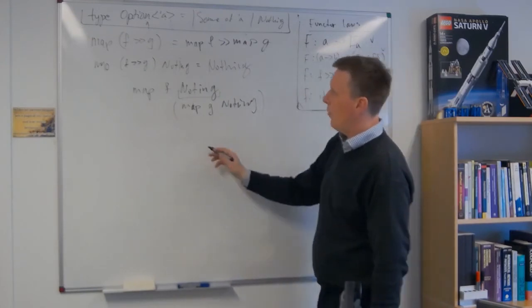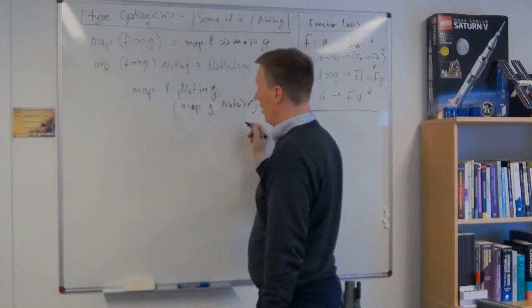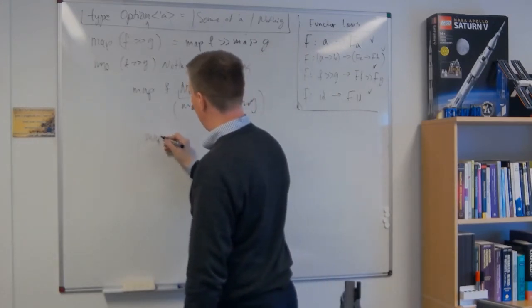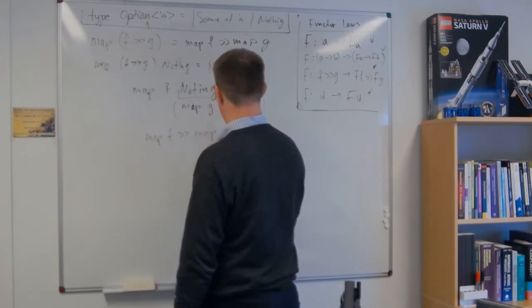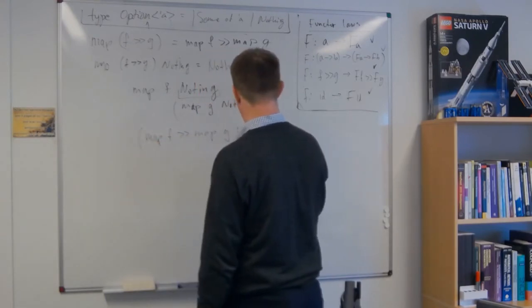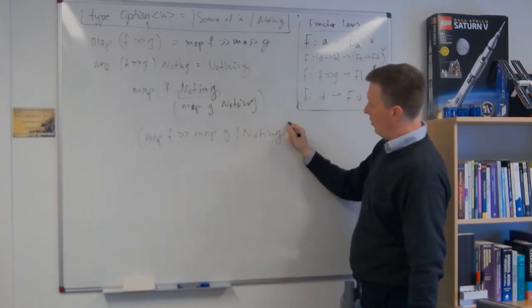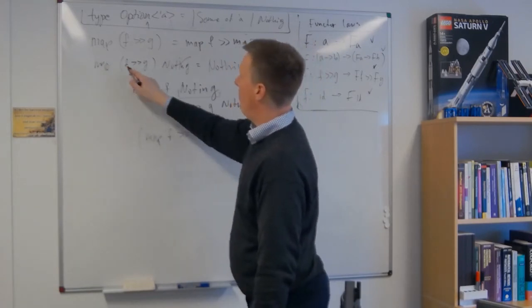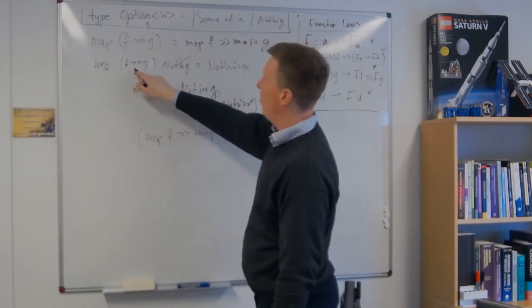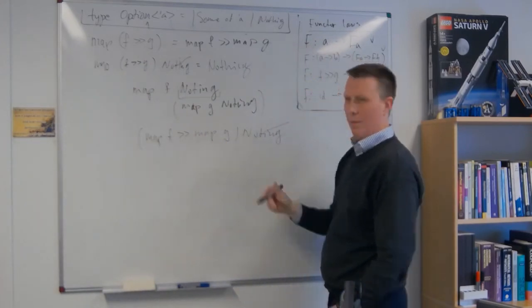And of course now I have map f of map g of nothing, which we can write as map f composed with map g on nothing. And now we can do, from lambda calculus, Eta reduction, zap, and now we have map f composed with g is the same as map f composed with map g.